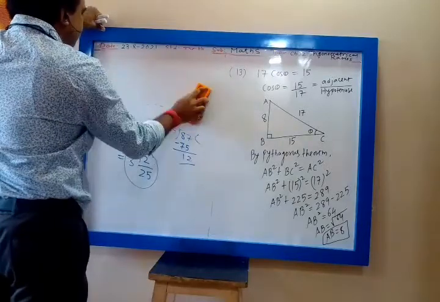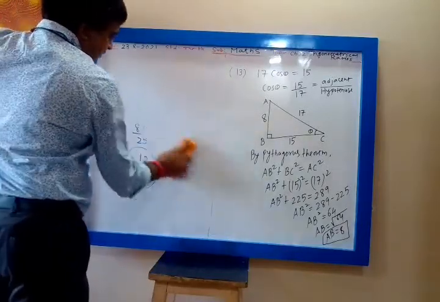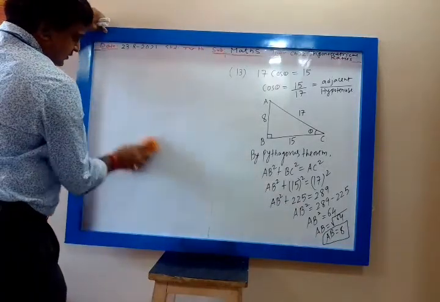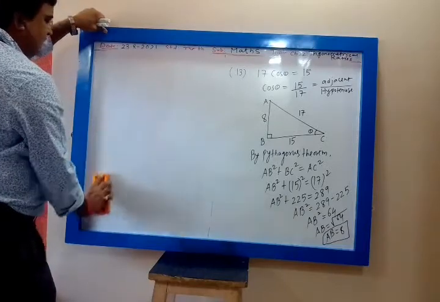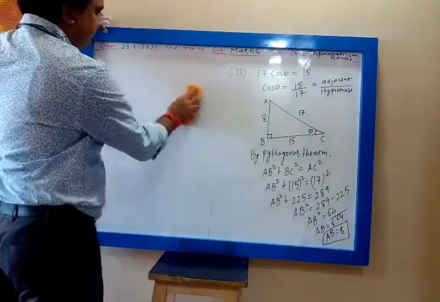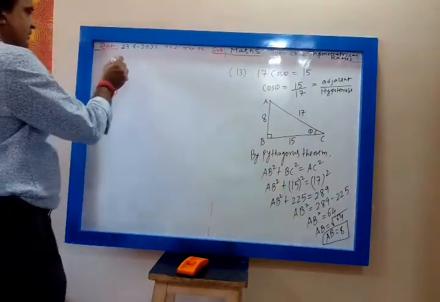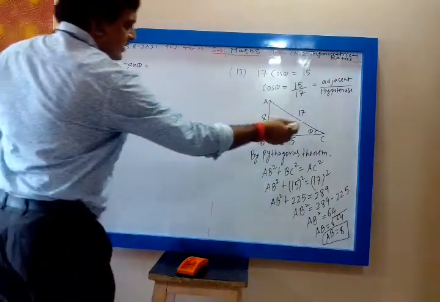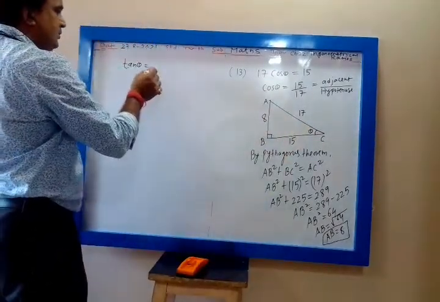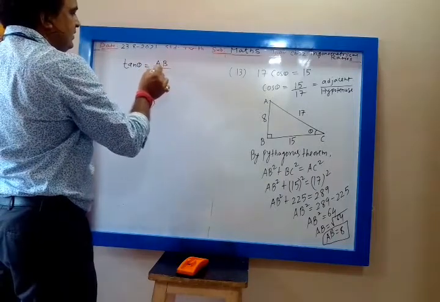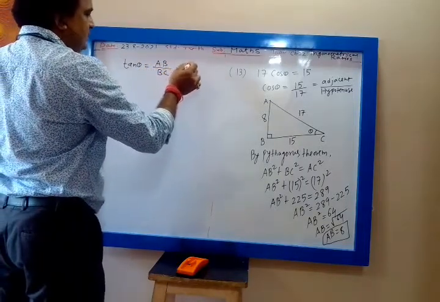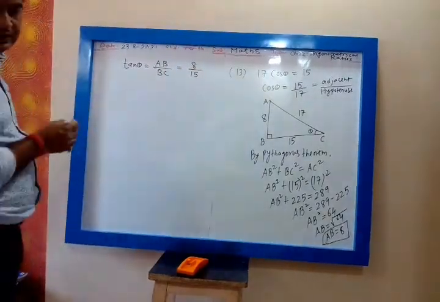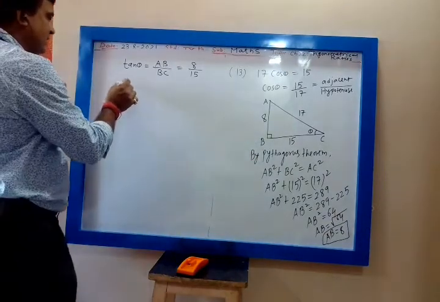Tan theta is opposite upon adjacent, AB upon BC, opposite is 8 by 15. Okay. Now find sec theta.